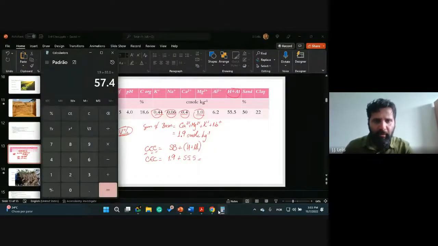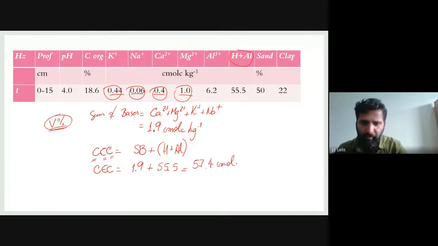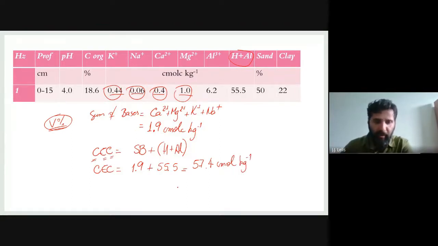So it's 7.4. Now we could calculate the base saturation using the sum of bases divided by the CEC, and just multiply by 100%.